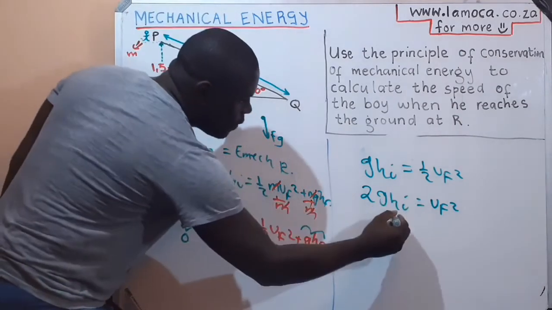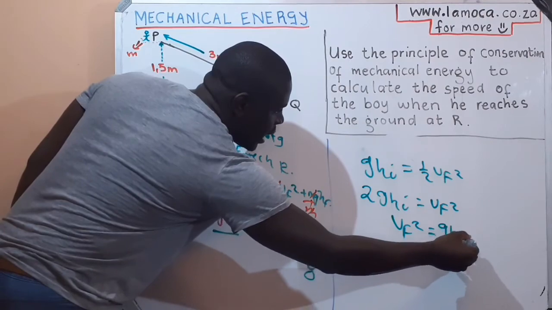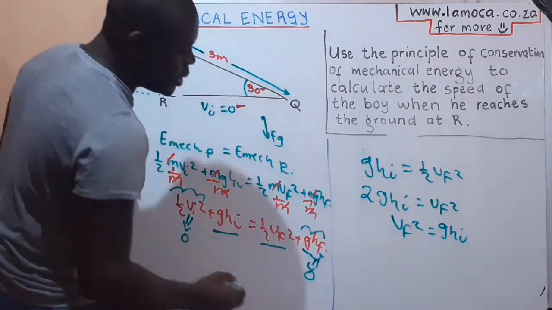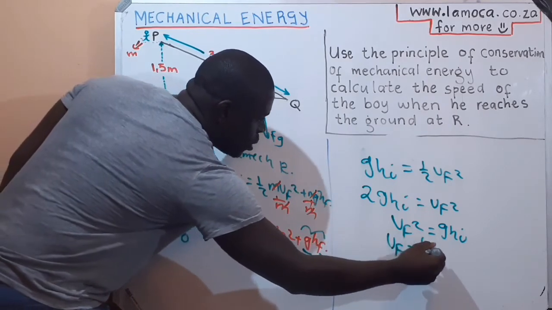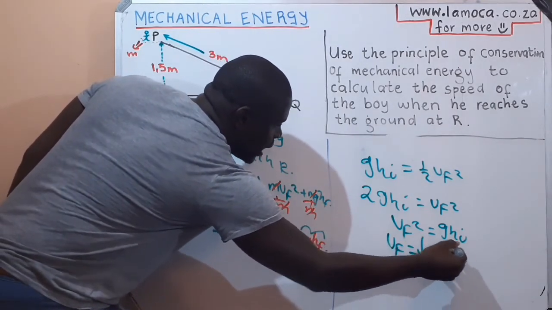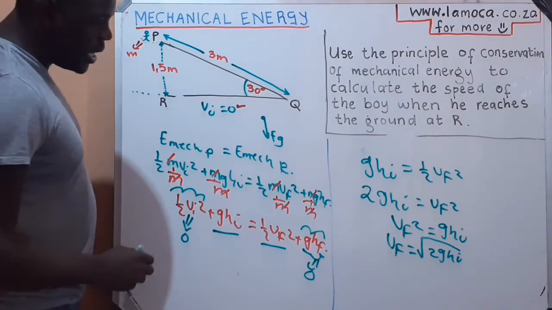Now, because I'm looking for Vf, which is the final velocity or the final speed, I'm going to take the square root on both sides. Vf is just going to be the square root of 2 g hi. My g is the gravitational acceleration, 9.8.